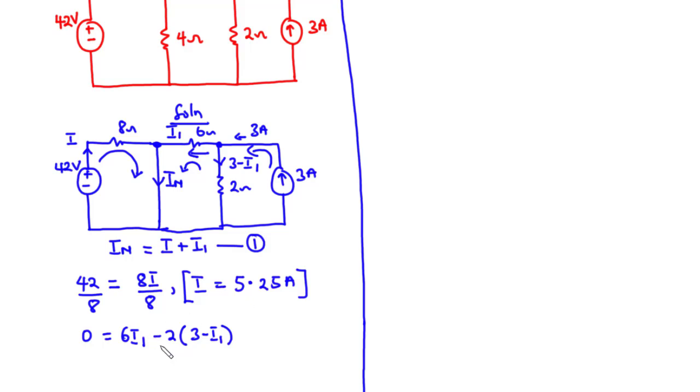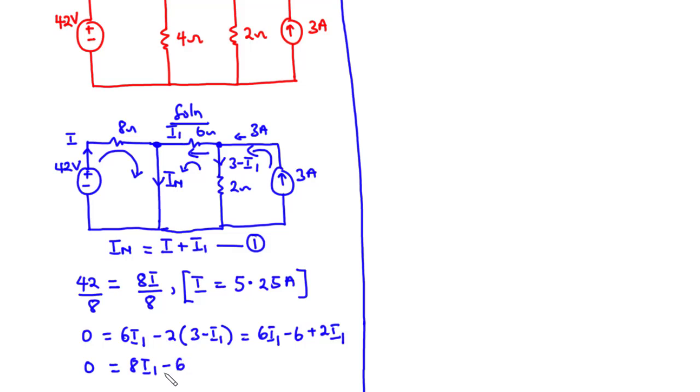So let's distribute negative 2 across. So that becomes 6I1 minus 6 plus 2I1. So 6I1 plus 2I1 is 8I1. So we have 0 equals 8I1 minus 6.